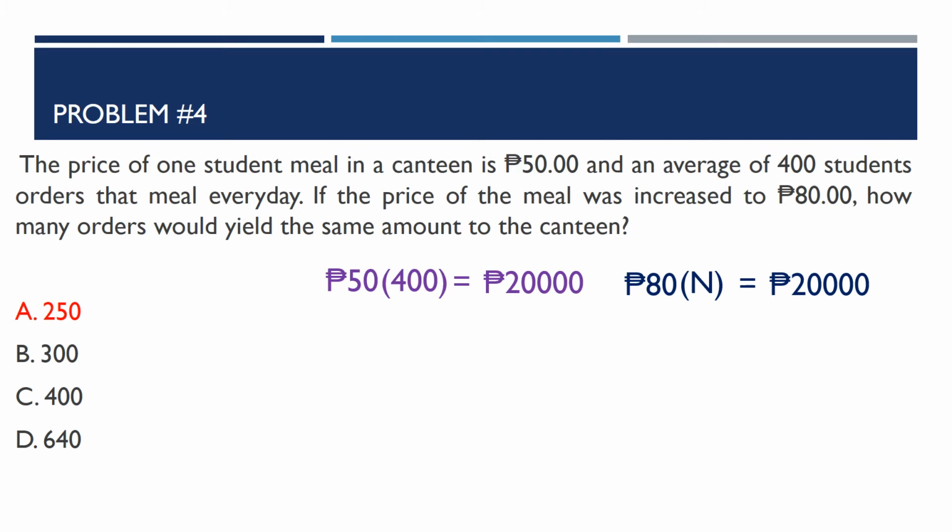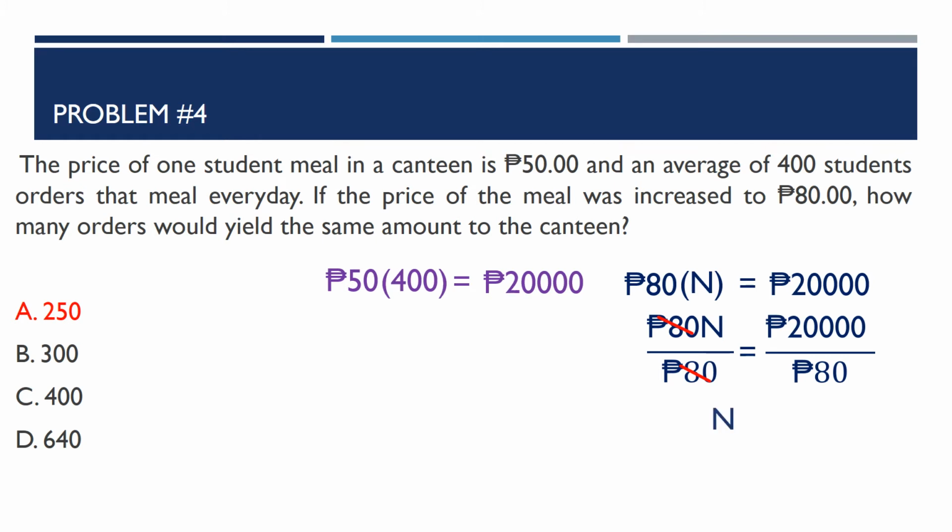For it to be alone, we need to remove the 80 or transfer it to the right side. To do that, we need to divide both sides by 80 so that this will be cancelled, and n will be left alone, so that we can divide 20,000 by 80. So it will be 250, and that's the answer.